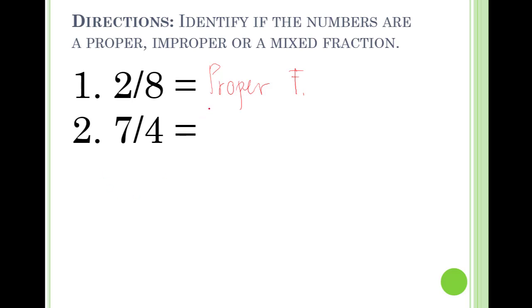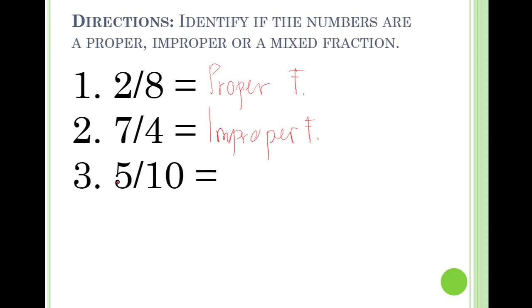Correct. It is improper fractions. Proceed. 5 over 10. Yes, that is proper fraction. Why? Because this one is smaller and this one is greater or bigger than the numerator.